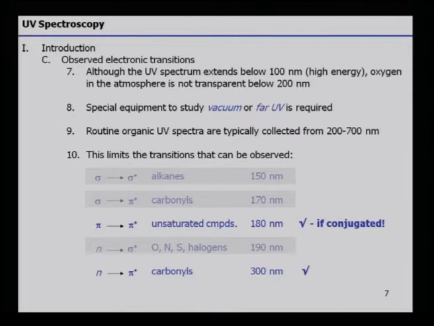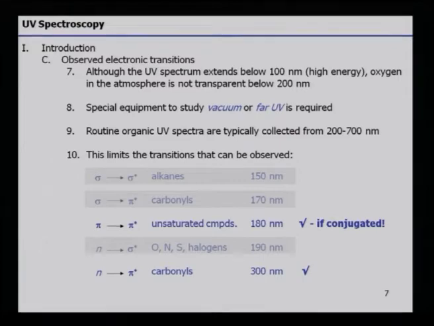Now, although the UV spectrum extends below 100 nanometers, that is at very high energy, oxygen in the atmosphere is not transparent below 200 nanometers. Special equipment to study vacuum or far UV is then required. Routine organic UV spectra are typically recorded between 200 and 700 nanometers.